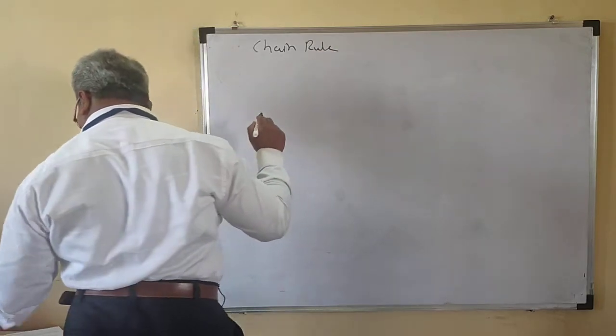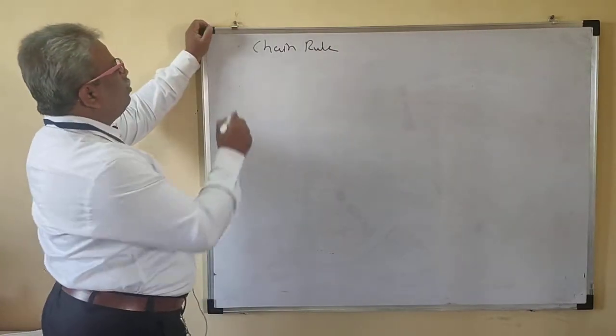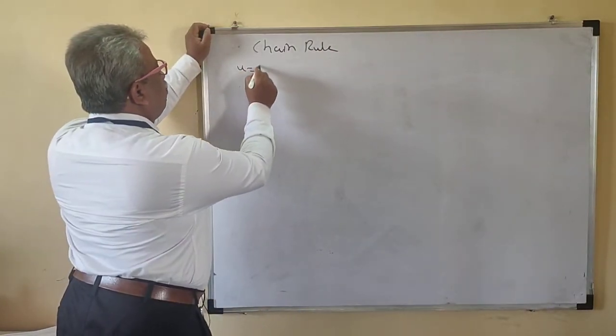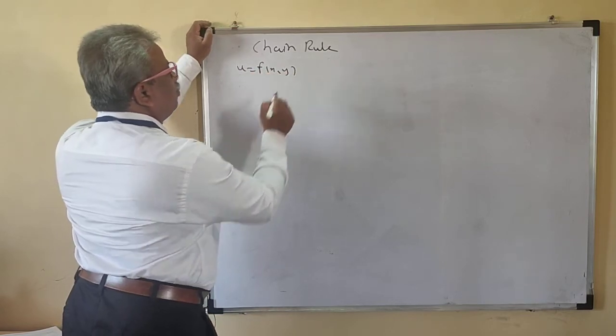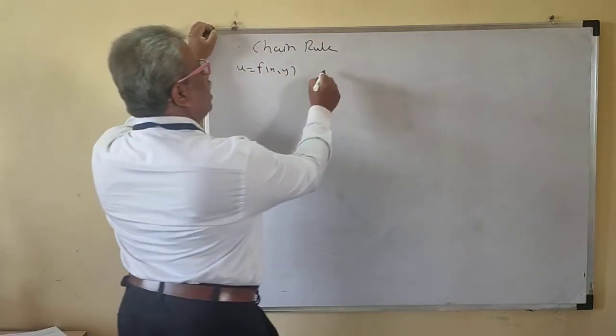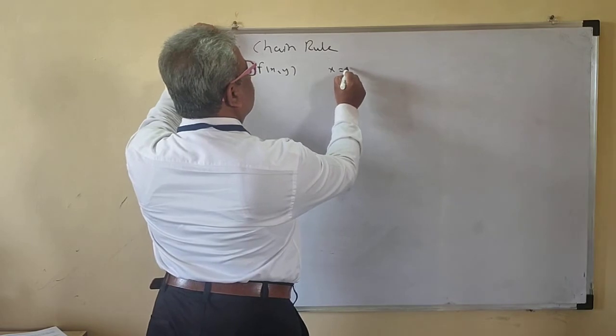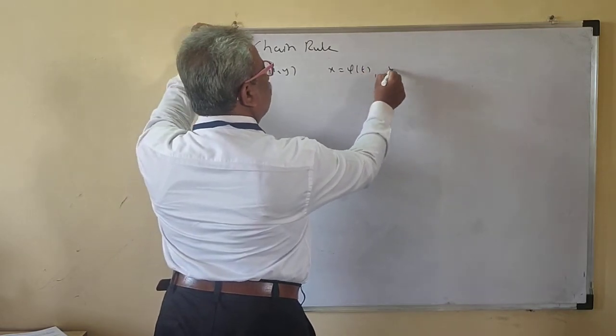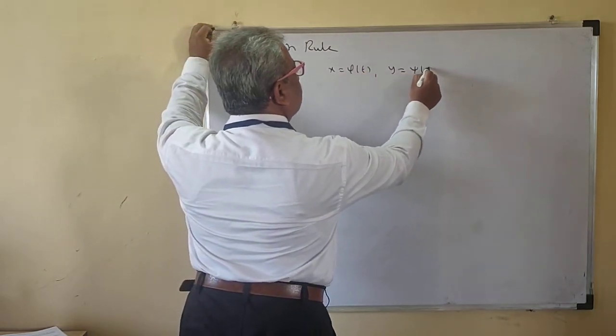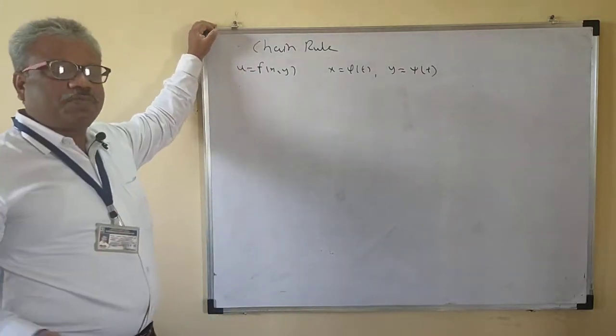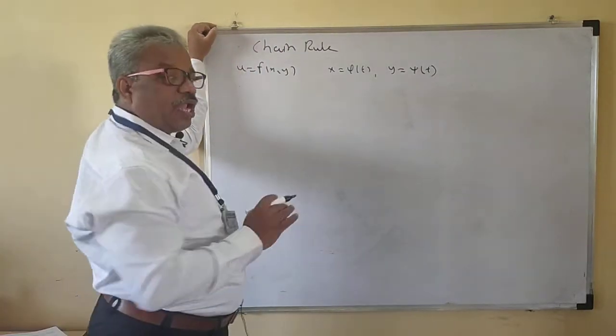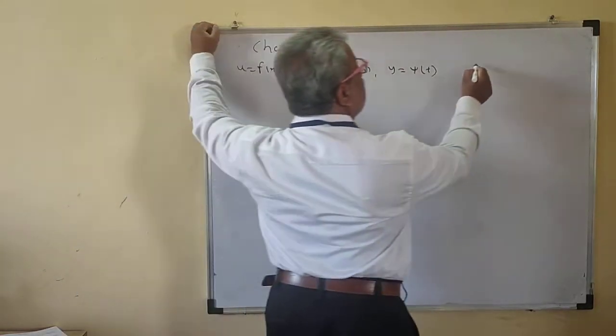Chain rule. Suppose u is equal to f(x,y), where u is a function of x and y, x is a function phi of t, and y is some psi of t. That means x is a function of t and y is a function of t, so automatically u is a function of the single variable t.